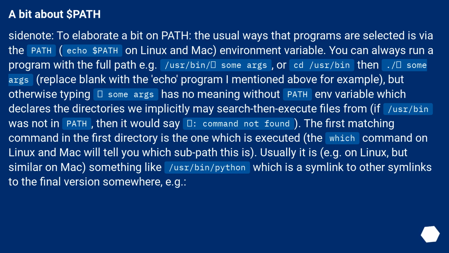If /usr/bin was not in PATH, then it would say sqrt: command not found. The first matching command in the first directory is the one which is executed. The which command on Linux and Mac will tell you which path this is. Usually it is, for example on Linux, but similar on Mac, something like /usr/bin/python, which is a symlink to other symlinks to the final version somewhere.